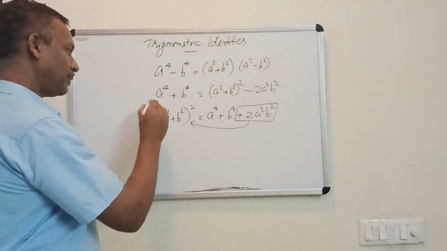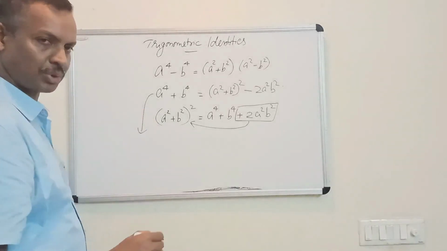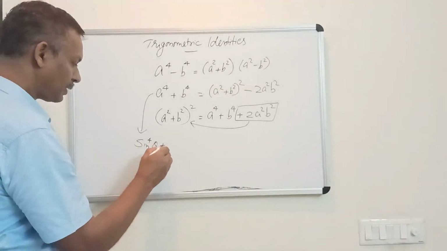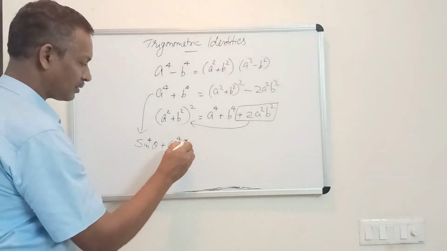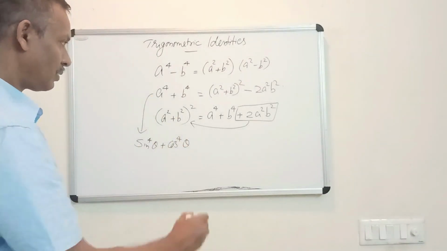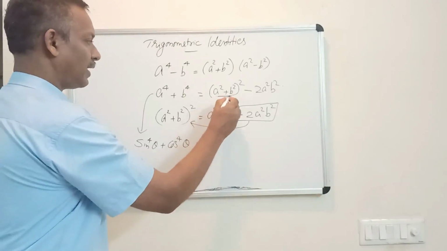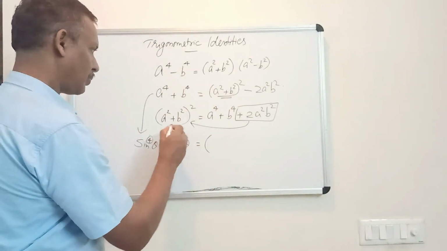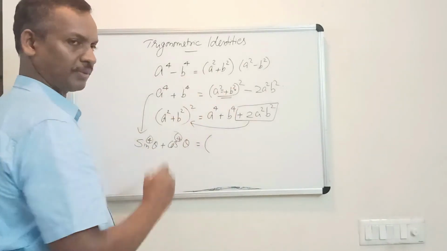This has many applications. For example, a question is like this: sine raised to 4 theta plus cos raised to 4 theta is asked. Then we can apply this identity. Instead of 4 and 4, you can write square and square here.